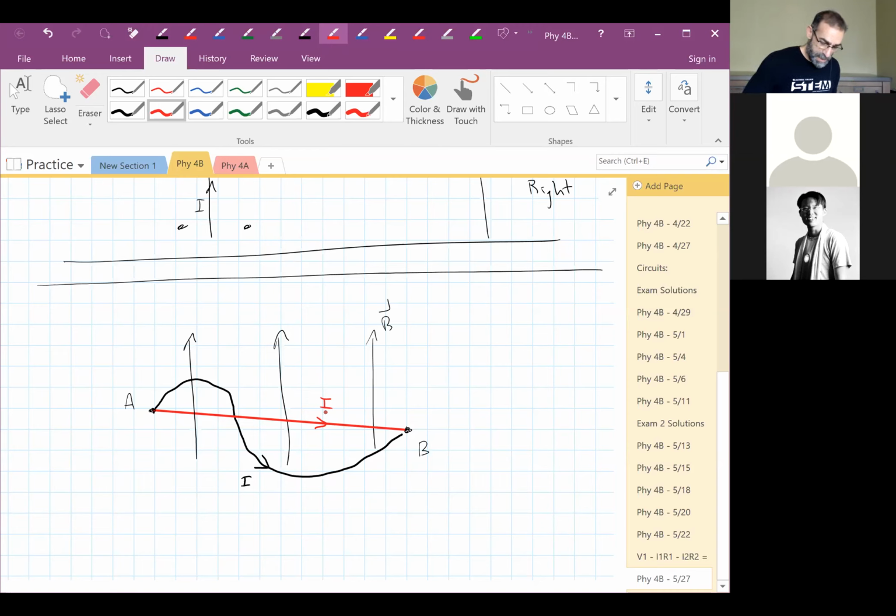So the force on this wire is just equal to the current times the straight line path, L prime, times B, where this is L prime. Let me, I'm running out of colors here. I'll use this.